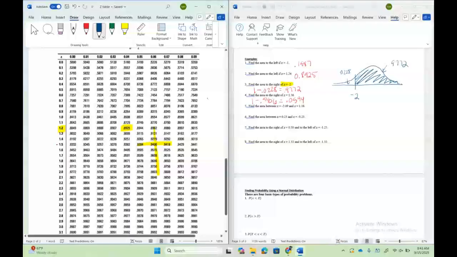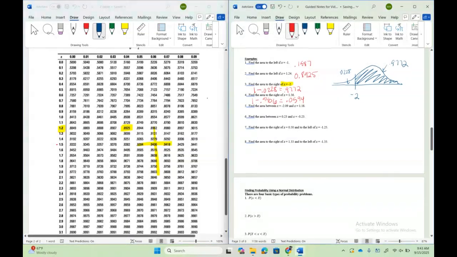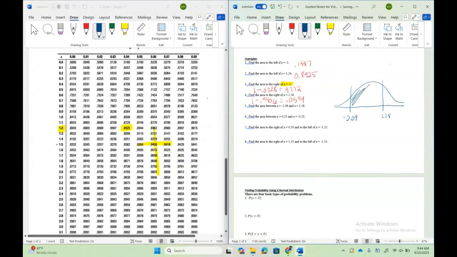Now I need to find the area between two z-scores. Okay, so when we're doing that, let me draw us a picture. All right, I have 1.18 and negative 2.09. And I want to find this area between them.